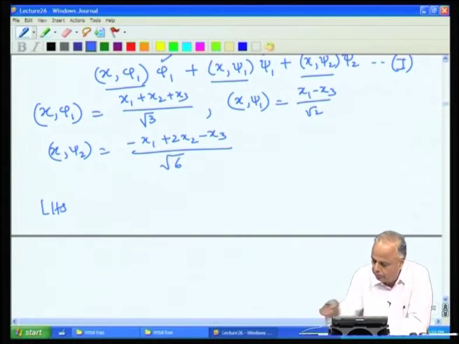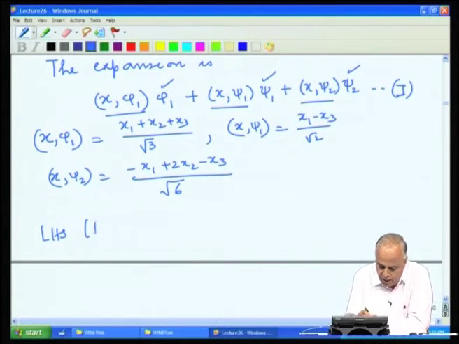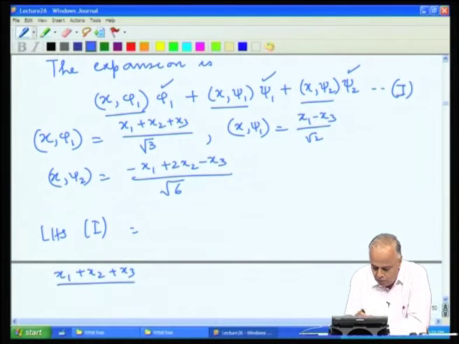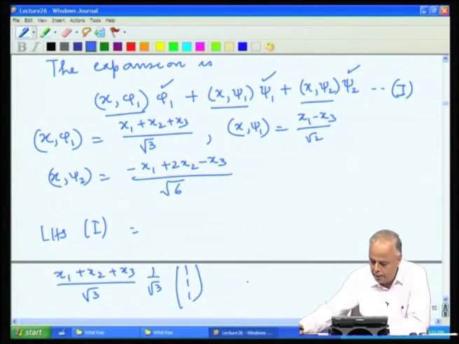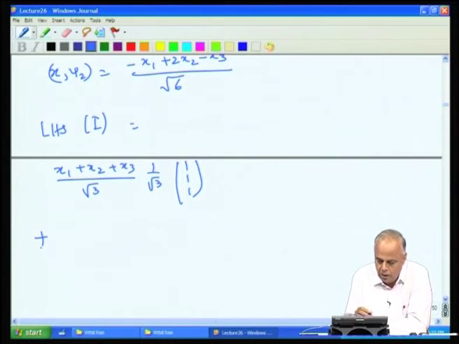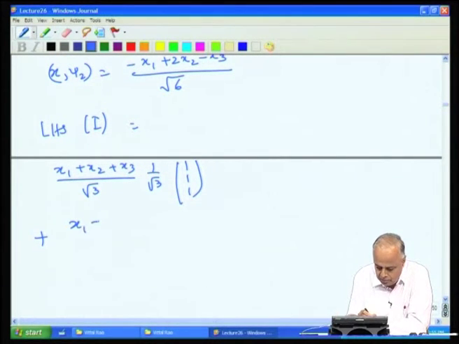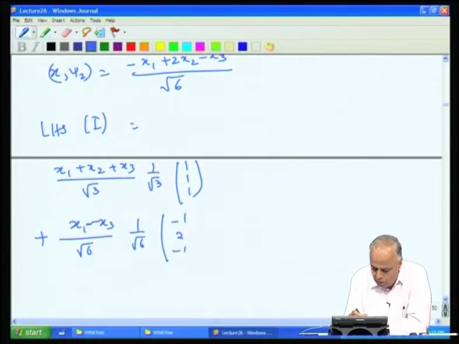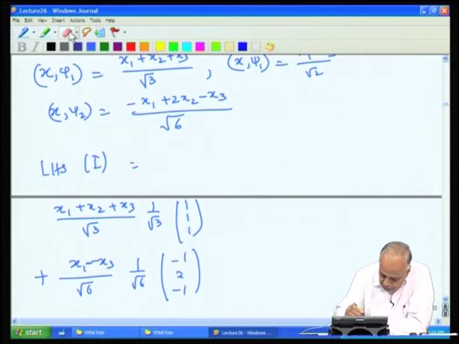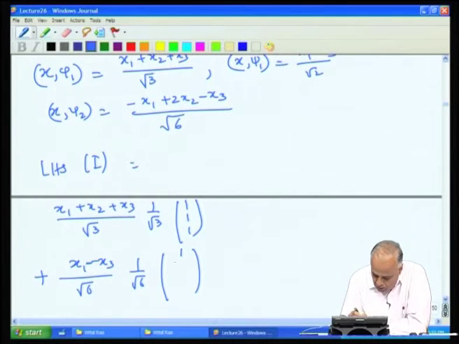Therefore, the left-hand side of 1 becomes (x 1 plus x 2 plus x 3) by root 3 into phi 1, which is 1 by root 3 into 1 1 1, then plus the x dot psi 1, which is (x 1 minus x 3) by root 2, into psi 1, which is 1 by root 2 into 1 0 minus 1.